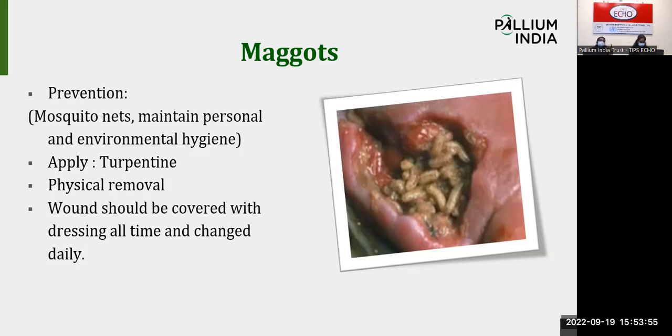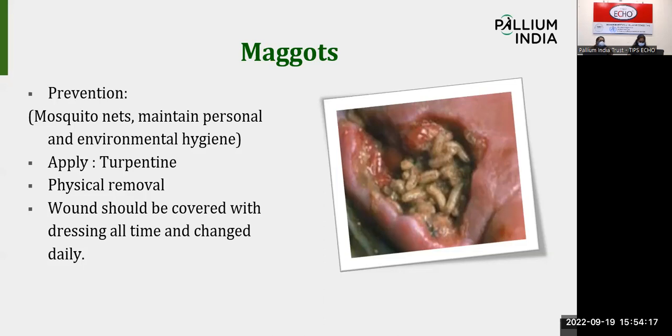So if there are maggots there, you have to remove them, because physical removal is the only way to remove the maggots from the wound. If they are able to cover that bed with a mosquito net, that will be good. Otherwise they have to cover the wound properly.